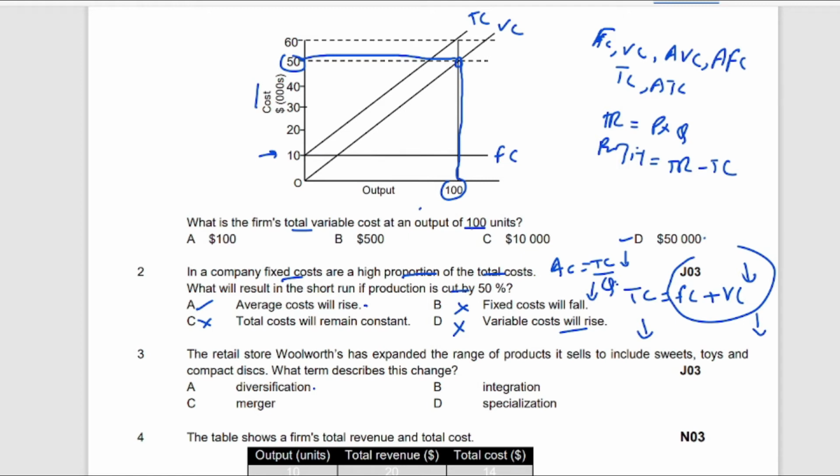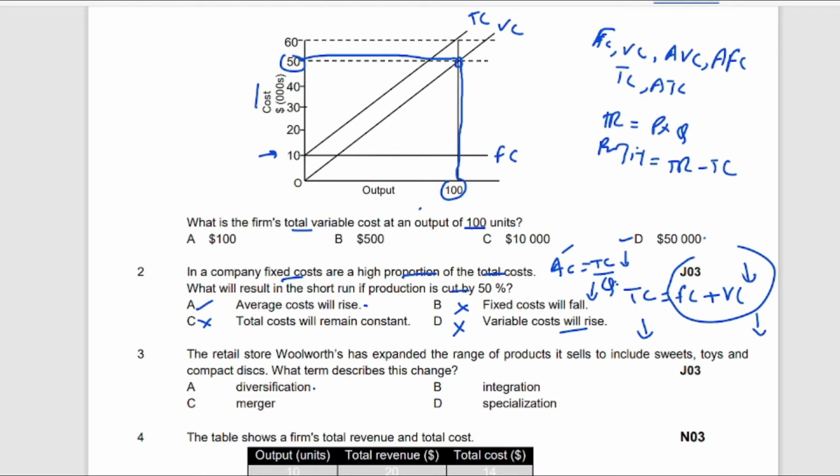Only variable cost is falling, so total cost will decrease by a smaller percentage. So the numerator will be greater relative to the denominator because output has declined by 50%. So mathematically, the result of average cost will be high.